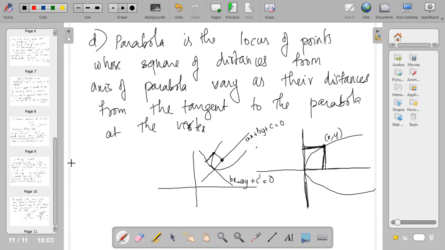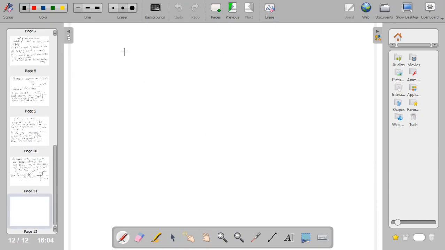So by this definition, we will get that ax plus by plus c whole square will be equal to k times bx minus ay plus c dash. If xy is a point which lies on the parabola, then xy will satisfy this condition. Let us write the equation.